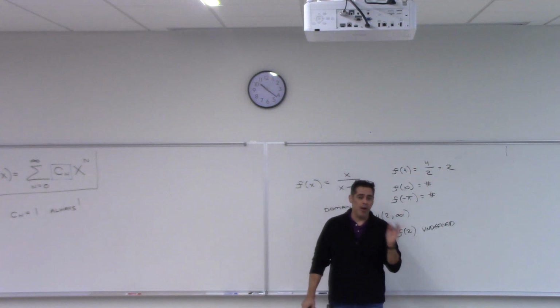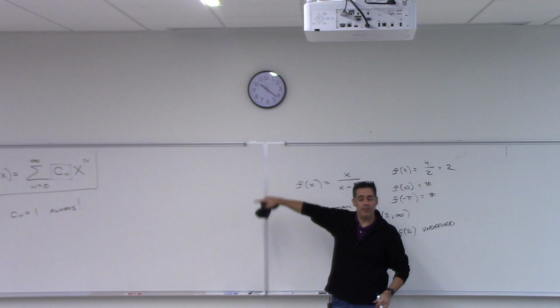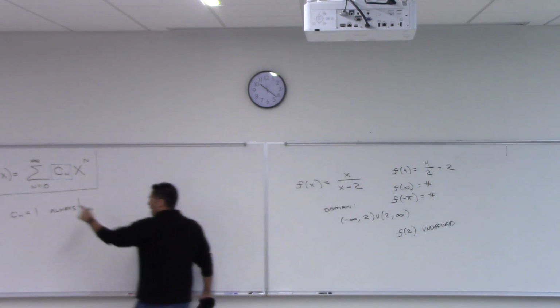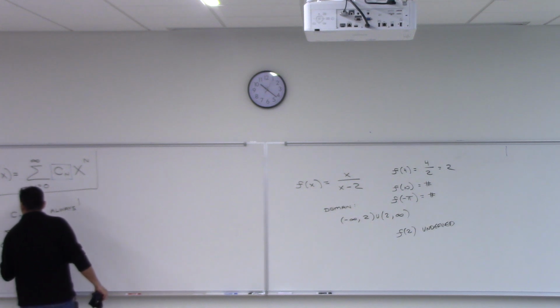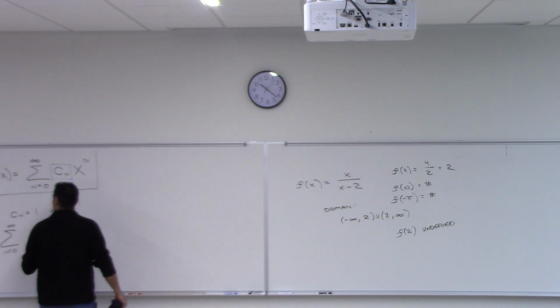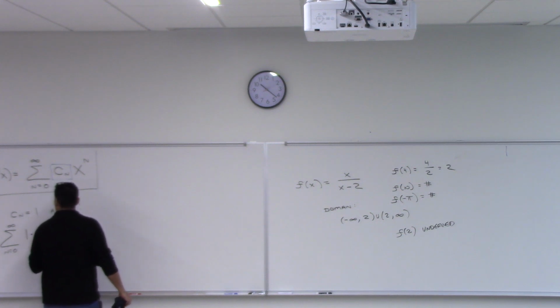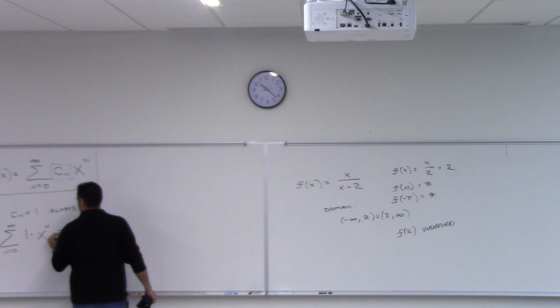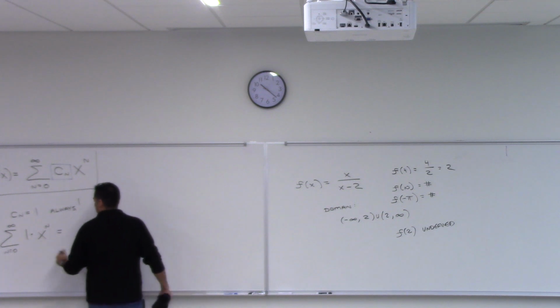It's just that you have 1, 1, 1, 1, 1, 1, 1, and then just the powers of x keep going up. So if I let C sub n be this, then we have the sum from n equals 0 to infinity of 1 times x to the n. Very, very boring generic formula, but we're going to start simple. And now let's start plugging in values.